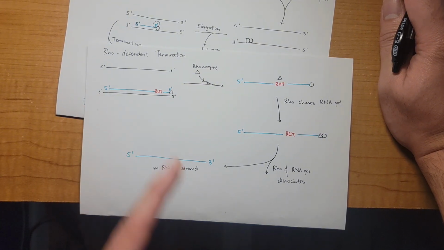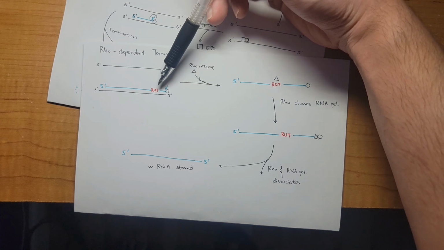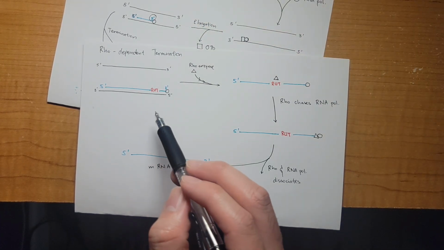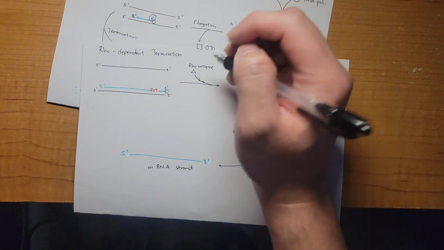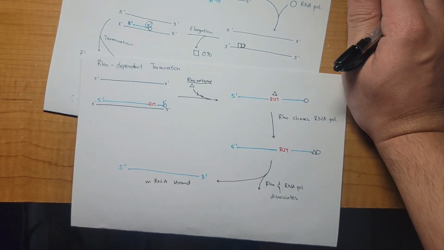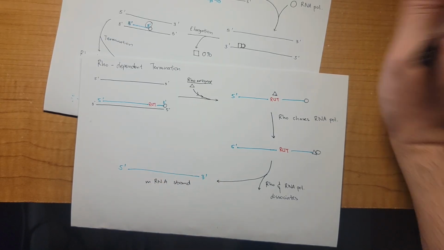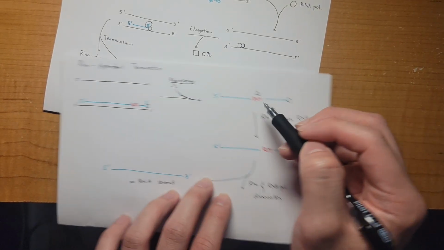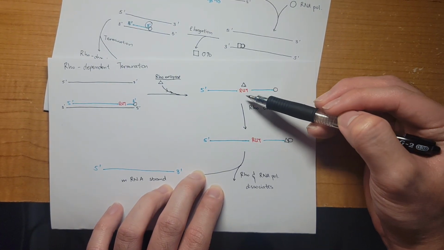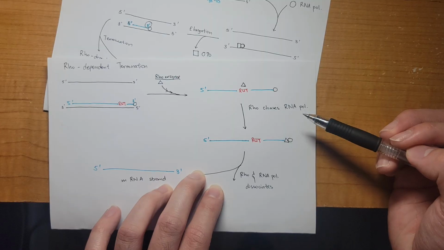RNA polymerase transcribes this rut sequence, which can be recognized by the rho enzyme. I'll make it a triangle to make it easier to see. The rho enzyme binds to the rut sequence, and from there it will literally chase the RNA polymerase.